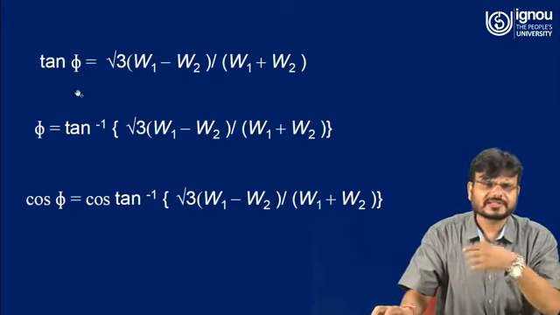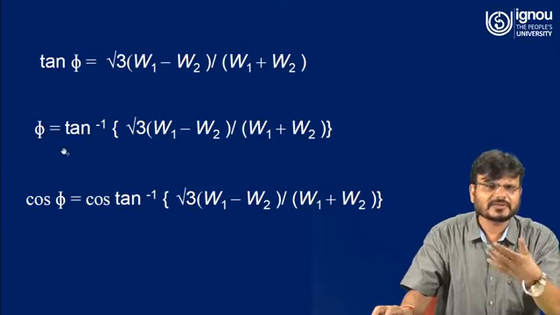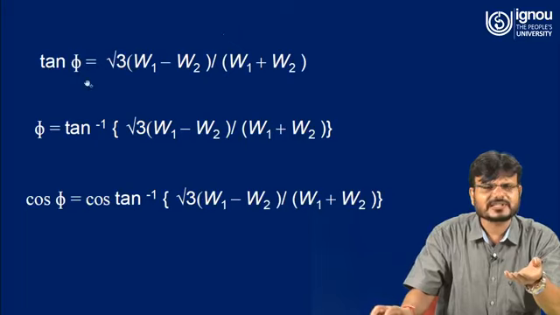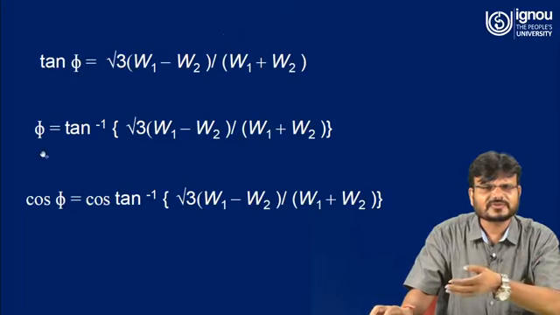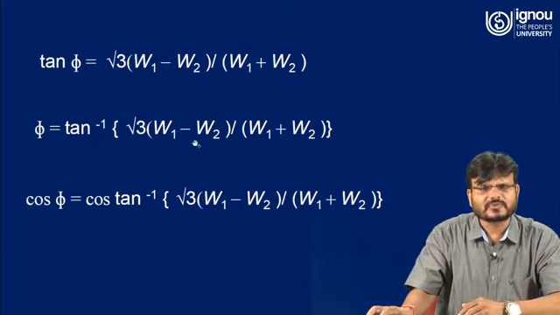Because now we are interested to calculate the power factor, and power factor is nothing but the cosine of the angle between voltage and current, or you can say cos phi. That means you must know the value of the phase angle. So the phase angle can be found from this expression: phi is equal to tan inverse of root 3 (W1 minus W2) upon (W1 plus W2).